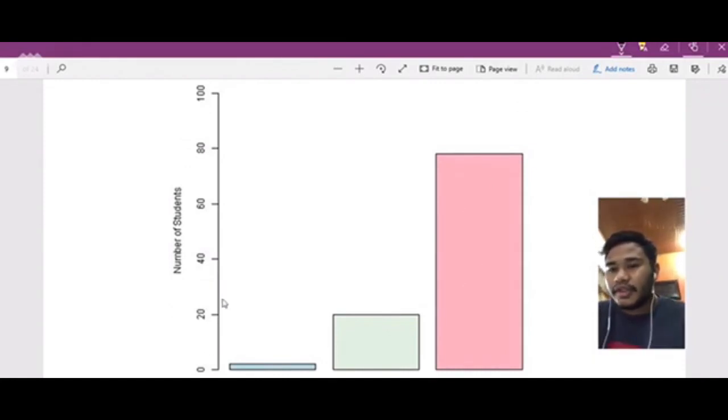This is the number of students. The first, okay, this is the 41 to 60 range, and this number 2 range is for 61 to 80, and the higher range is 81 to 100.